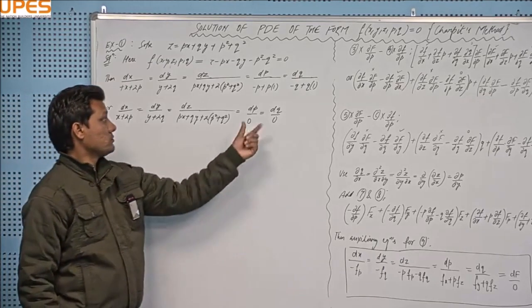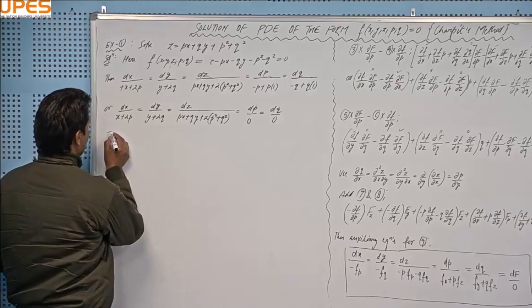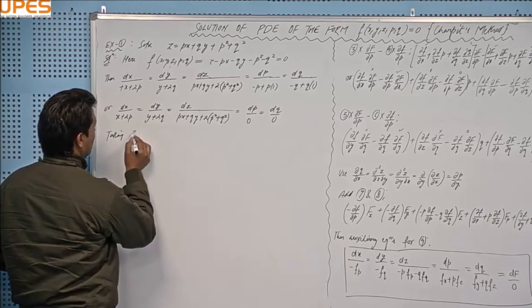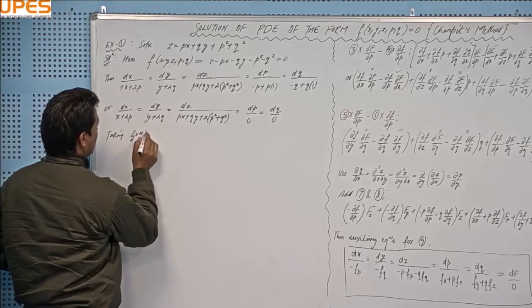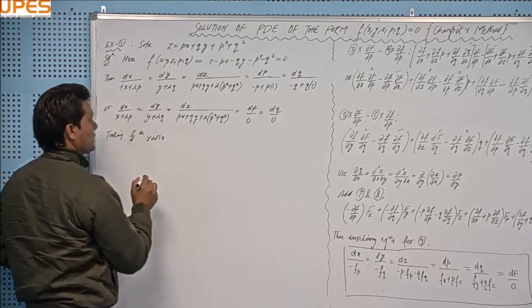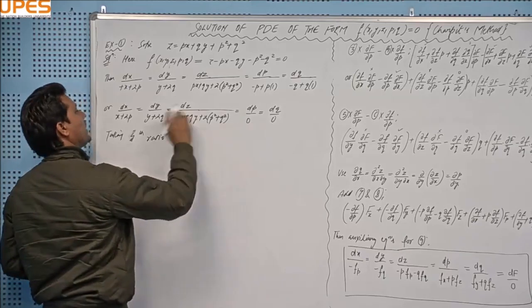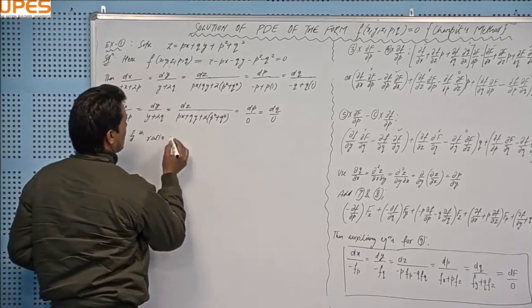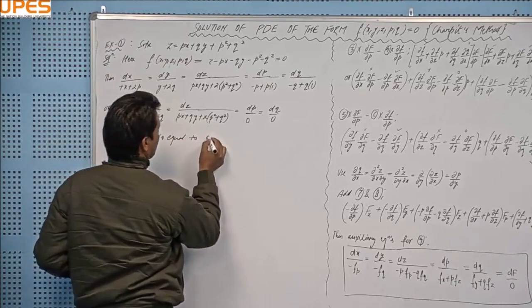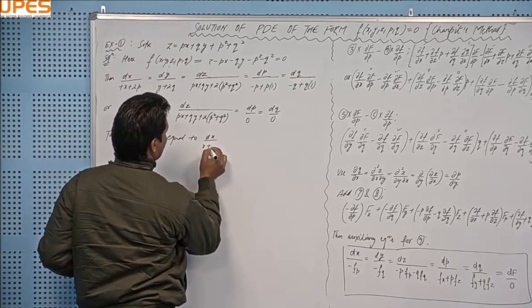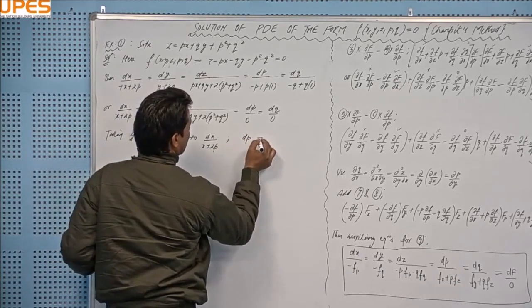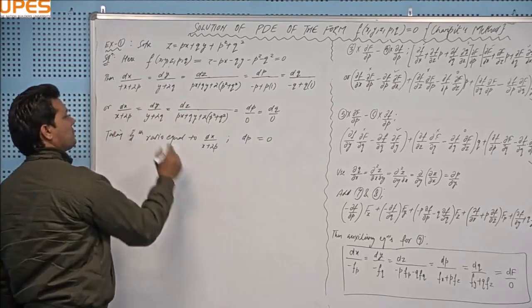So taking the fourth ratio equal to any ratio, suppose dx by x plus 2p, then I will get dp equal to 0, because 0 gets multiplied here.